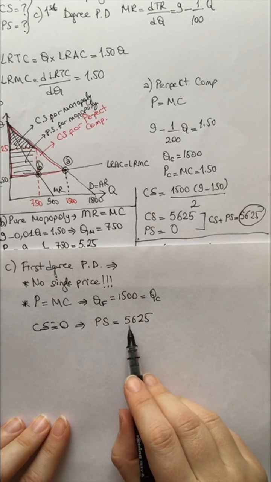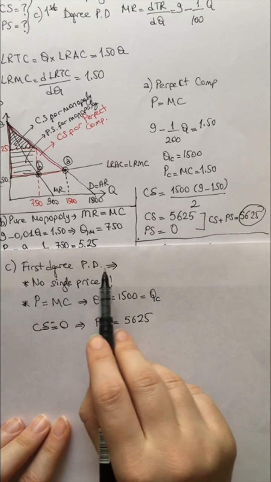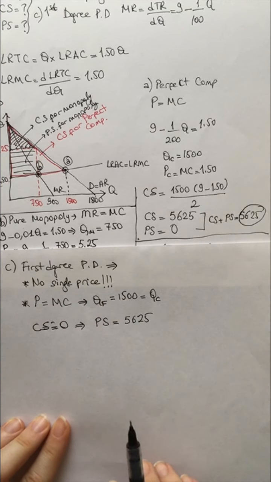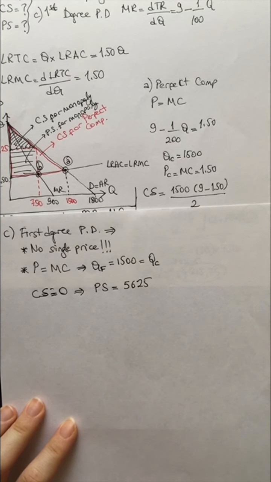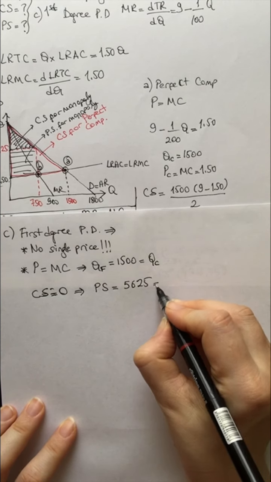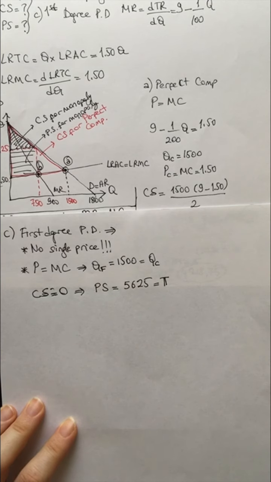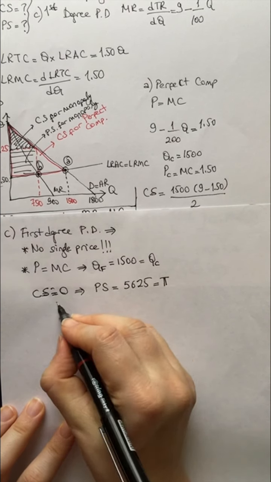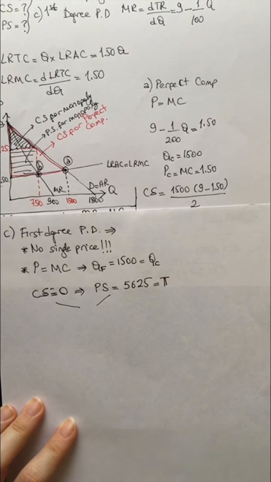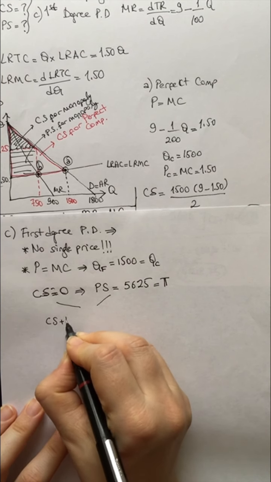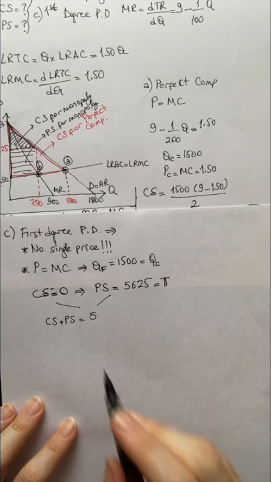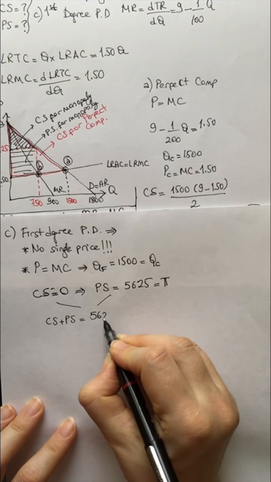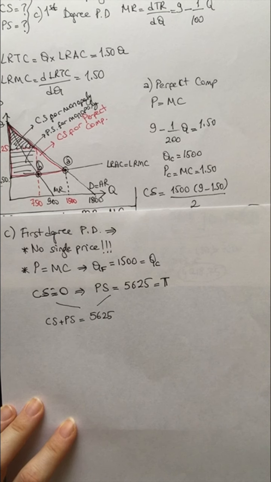So this will be earned by the monopolist who applies first degree price discrimination. So this is also the profit of this monopolist. So the sum of the consumer and producer surplus is again independent from the distribution, 5,625 for the first degree price discrimination.